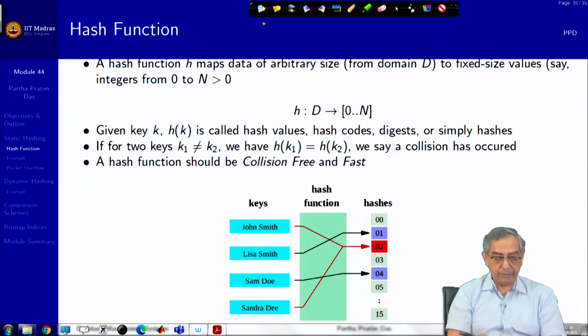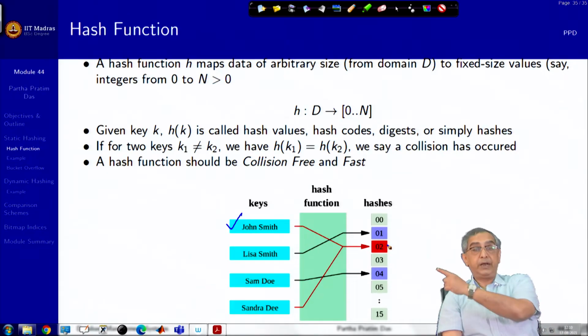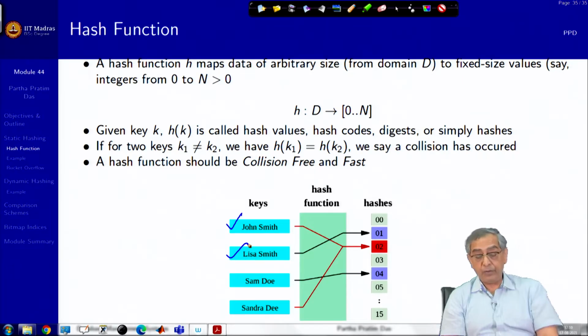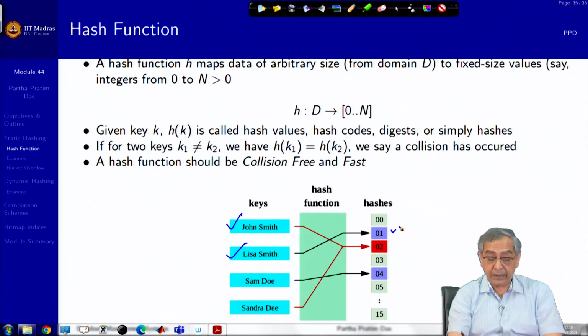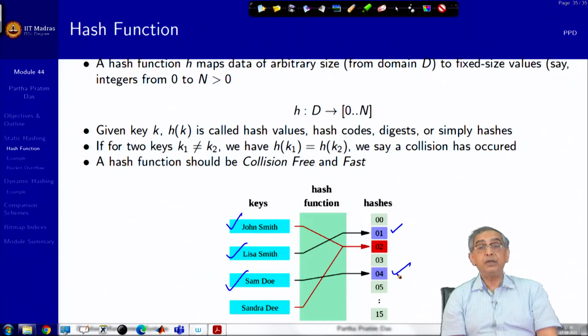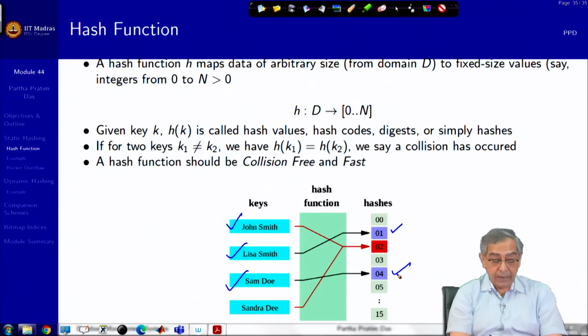This is an example being shown. John gets a value 2, so that is where you are expected to get the details about John. Lisa has a value 1, this is where you get the details. Sam has a value 4, so this is where you get the details.